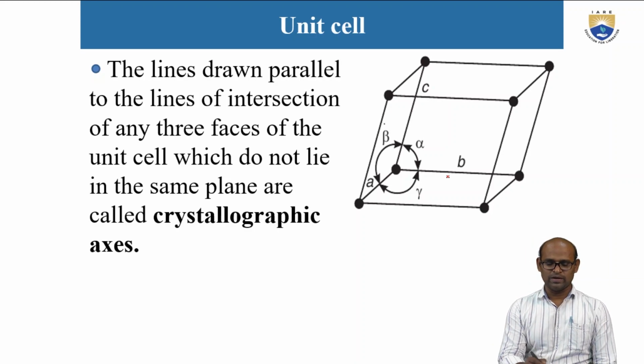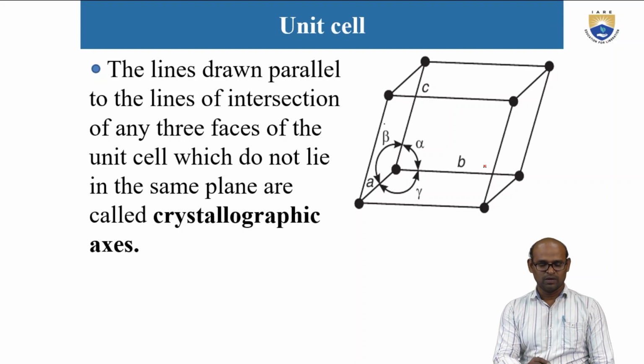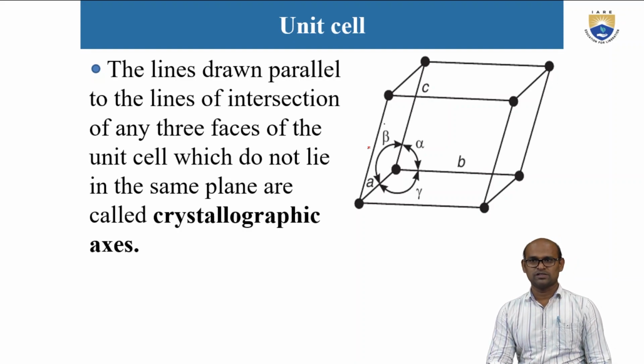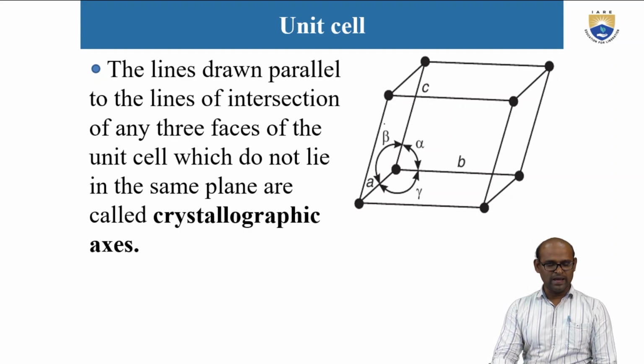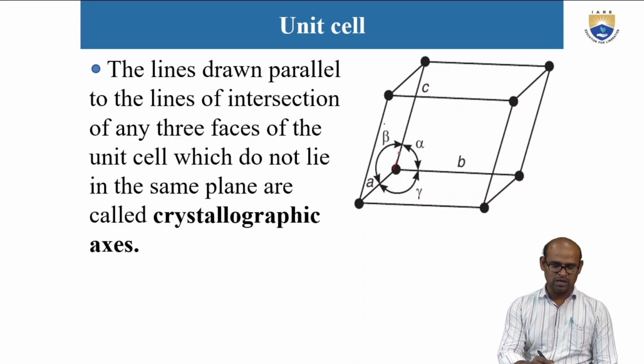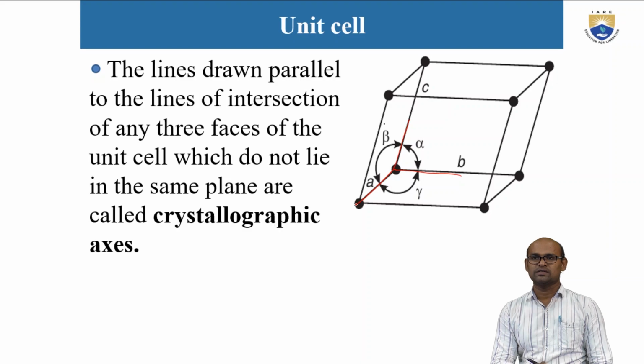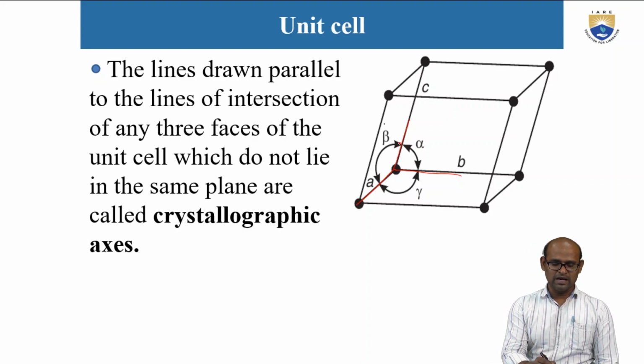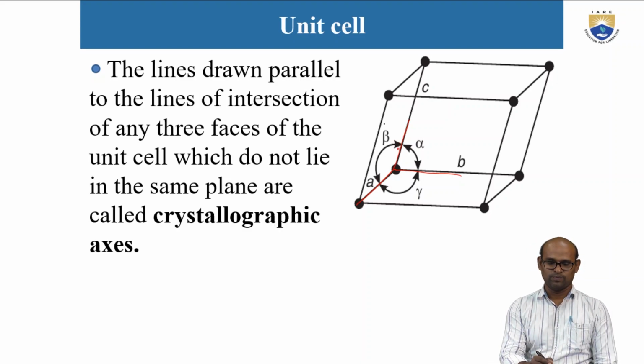So this is my unit cell. I have generated a unit cell for a crystal structure, and now I draw lines parallel to the lines of intersection of any three faces, and you are going to get three crystallographic axes. These three are the crystallographic axes, and I can define an angle between each pair of axes.